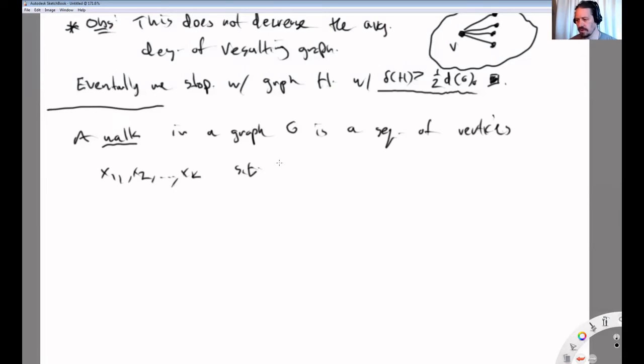So a walk is what you think. You start at a vertex, you walk along an edge to reach another vertex, then you walk along another edge to reach another vertex, and you continue to do this, and it creates just a sequence of vertices. Such that x_i x_(i+1) is an edge of G, for, let's say, i equals 1, 2, up to k minus 1.